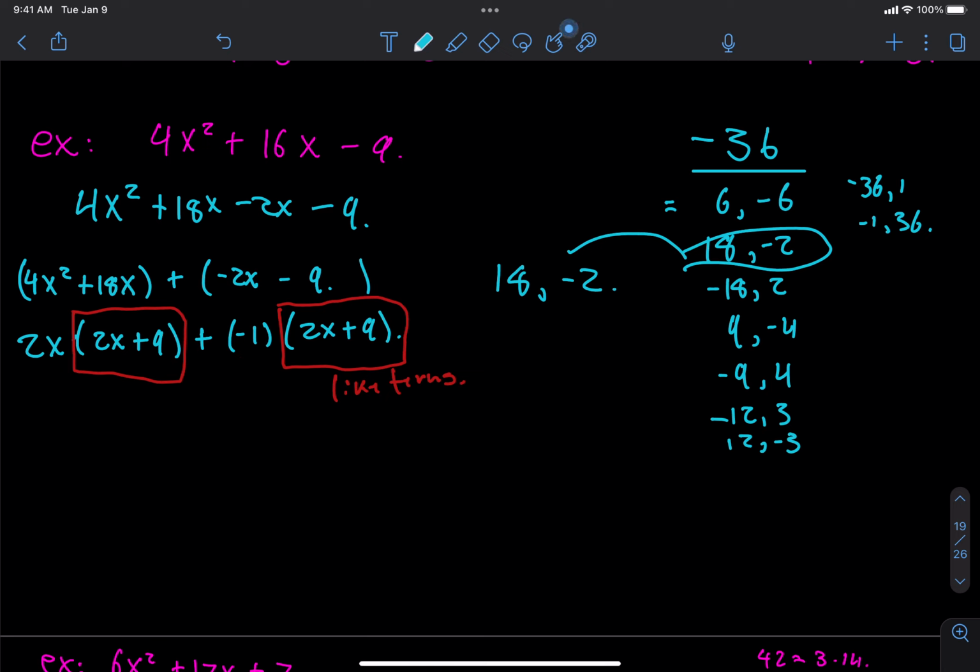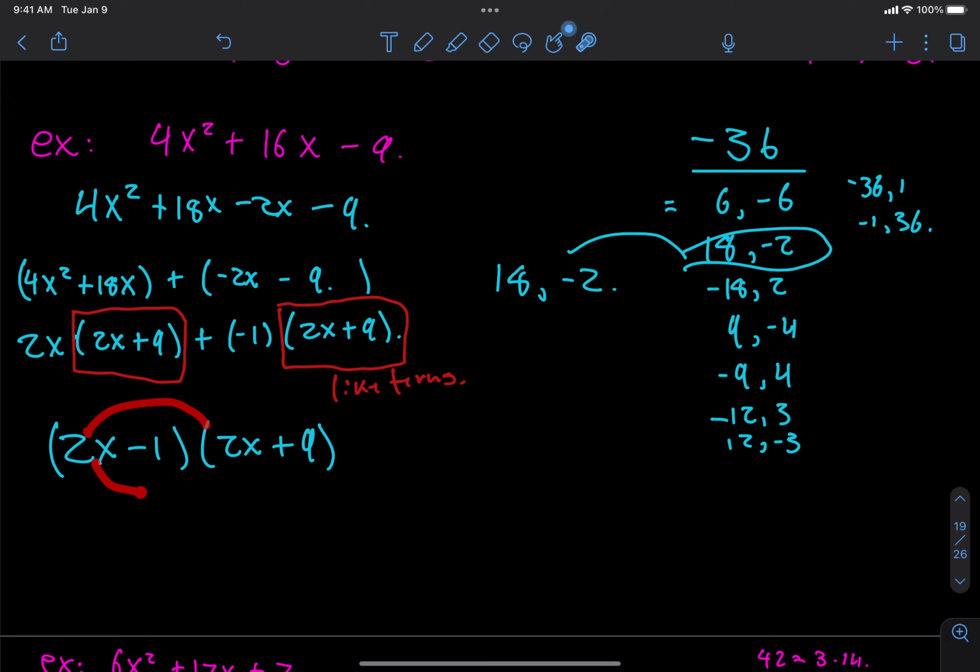So I can actually factor out from each of these terms a common factor of 2x plus 9. So what do I get? I'm going to get 2x minus 1 times 2x plus 9.